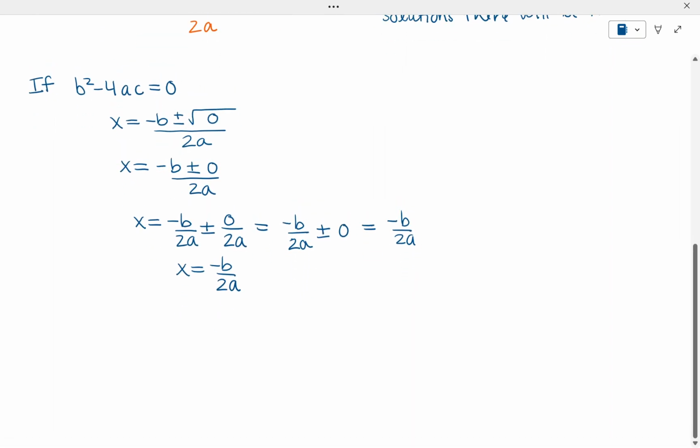So there's only one solution when b squared minus 4ac, the discriminant, equals 0. Only one solution for x.